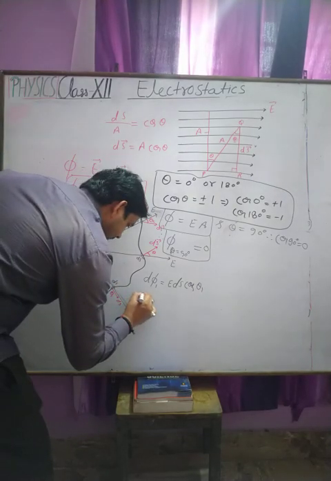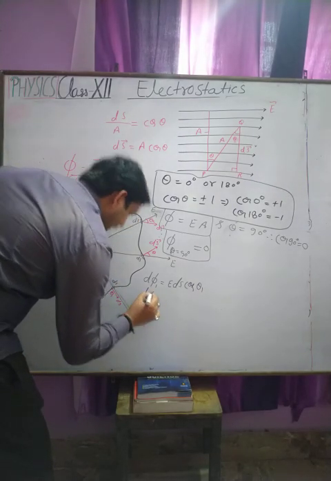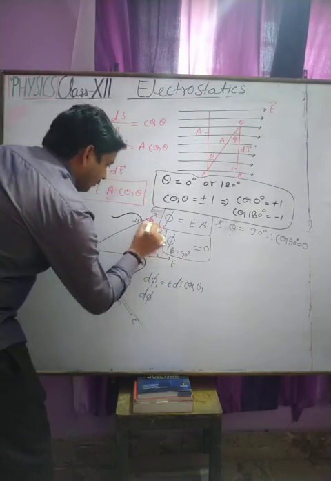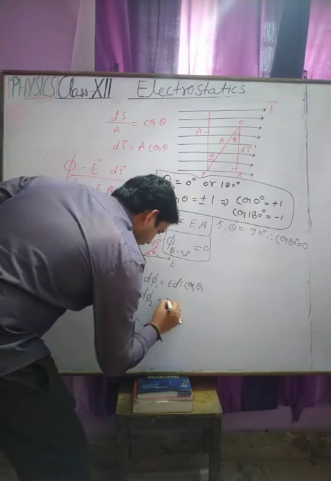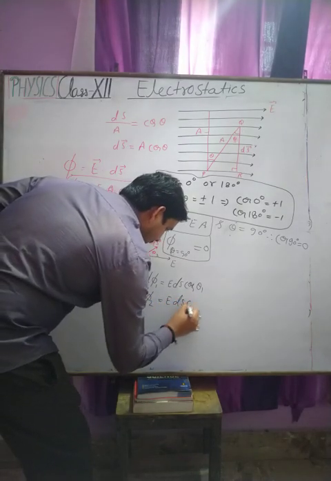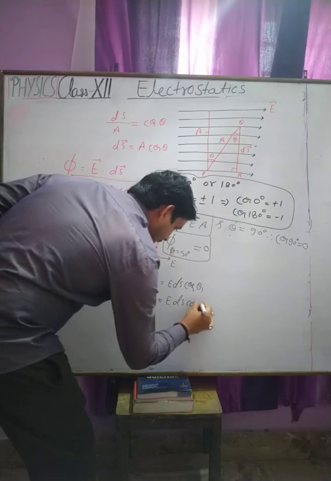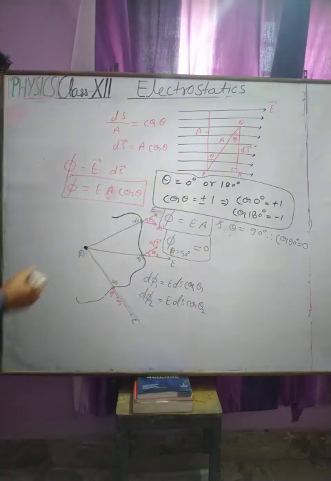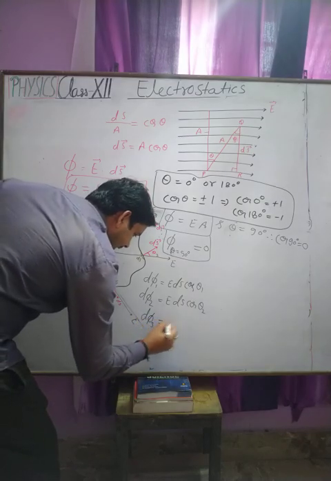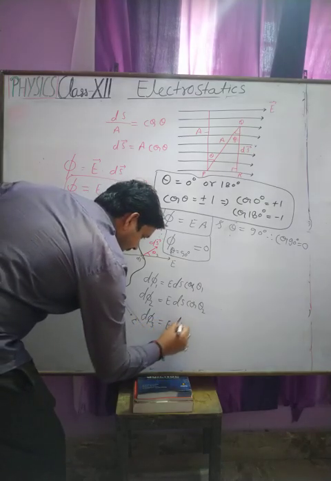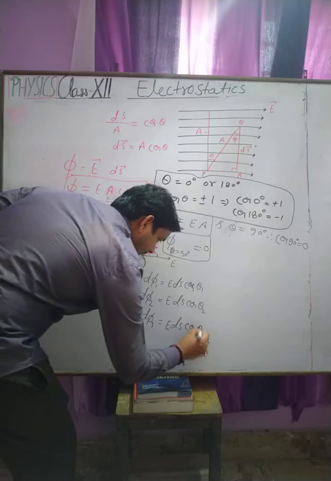Similarly, d phi 2 is E ds cos theta 2, and similarly d phi 3 for the third surface is E ds cos theta 3.